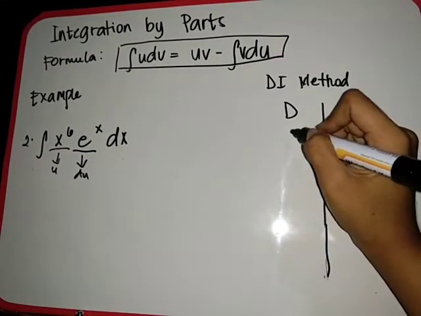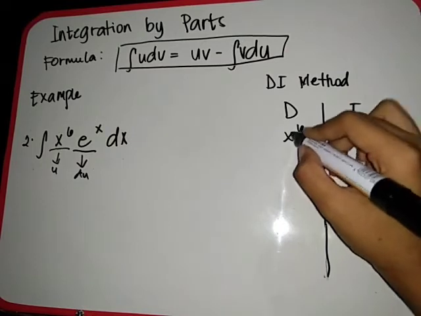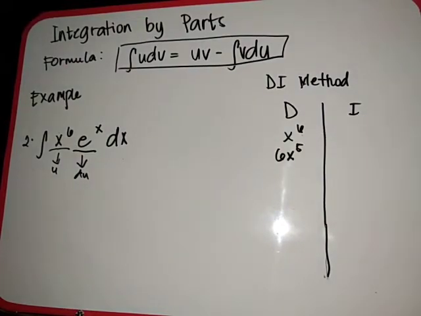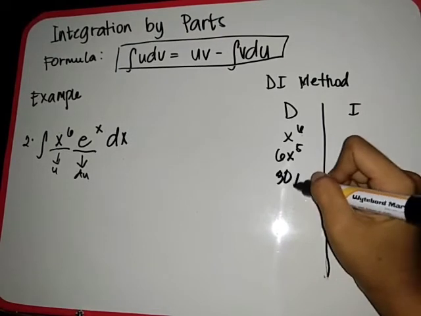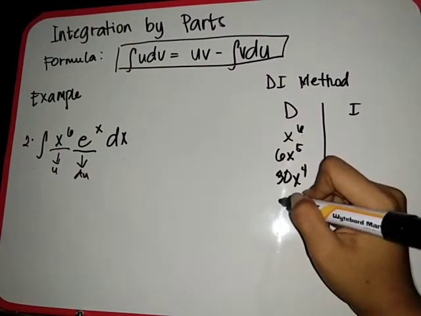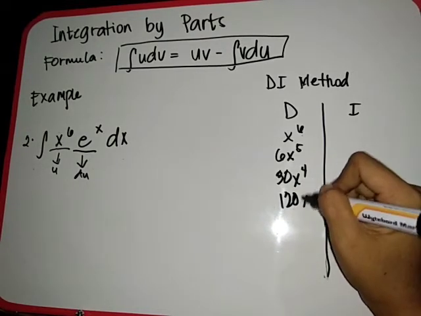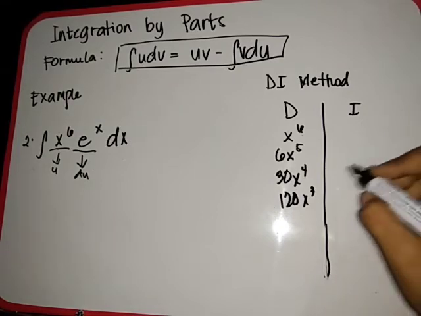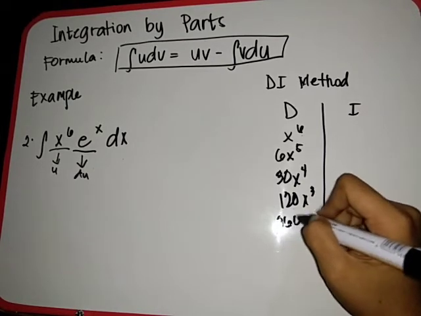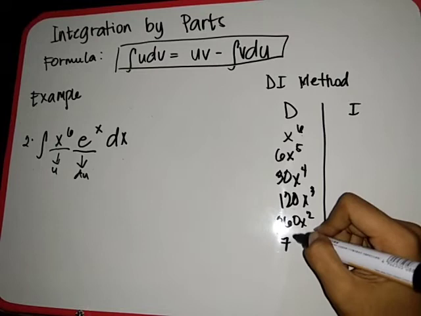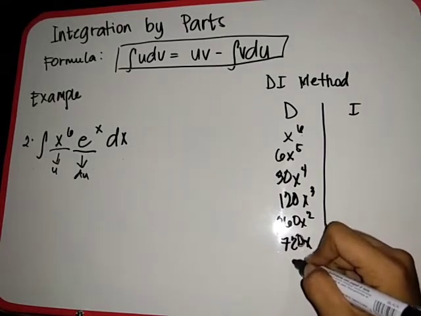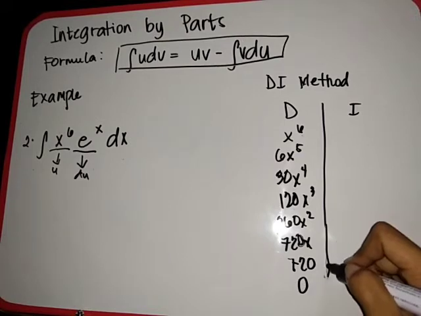So our u is x raised to 6, and then the derivative of x raised to 6 is 6x raised to 5, and then the derivative of this is 30x raised to 4, then 120x raised to 3, and then 360x squared, 720x, and 720, and then 0.